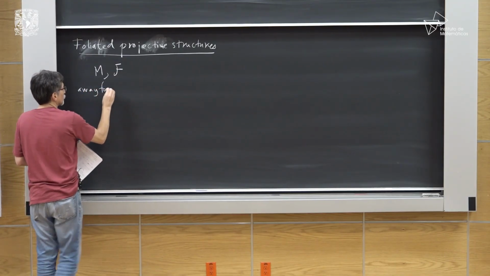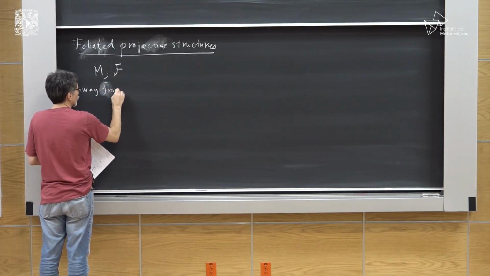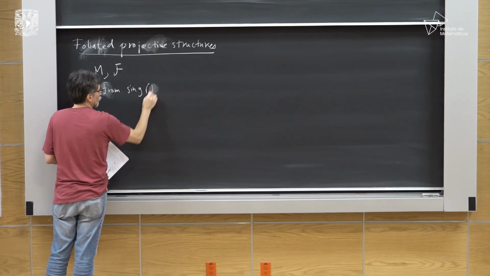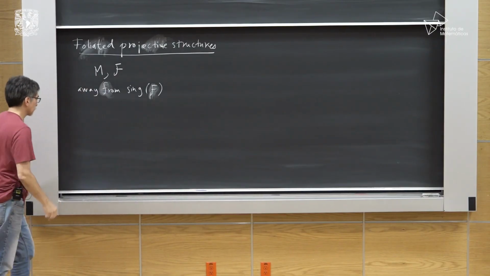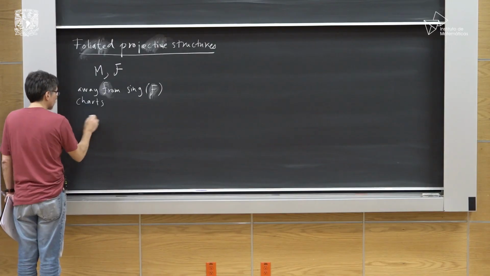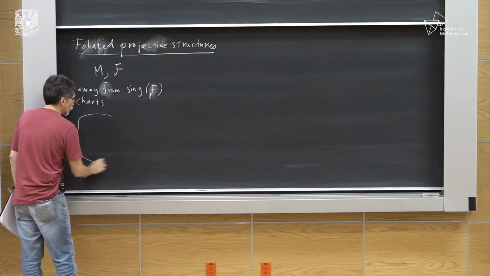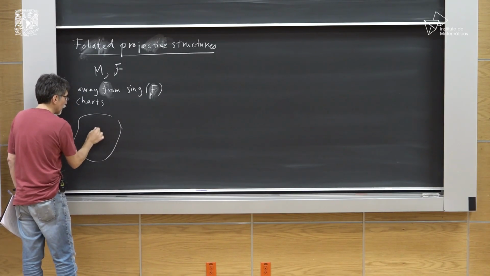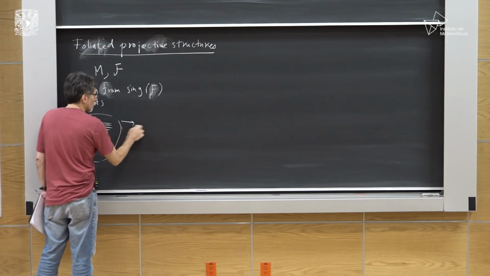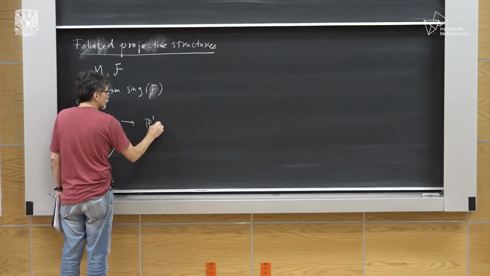away from the singularities of F, you have charts. So your foliated projective structure will have, you have your manifold, your foliation, and away from the singular points, you have charts taking values in P1.